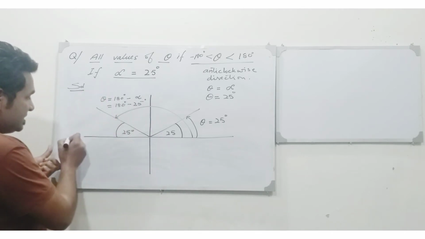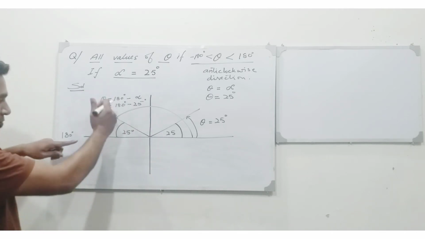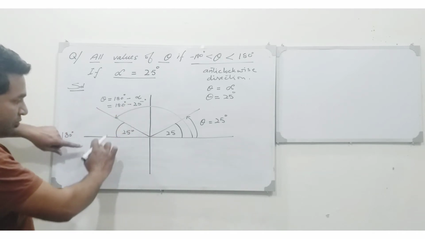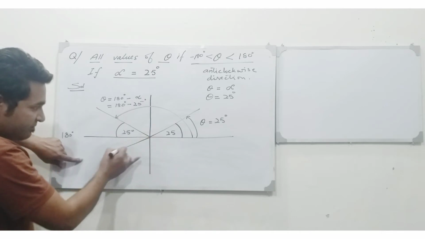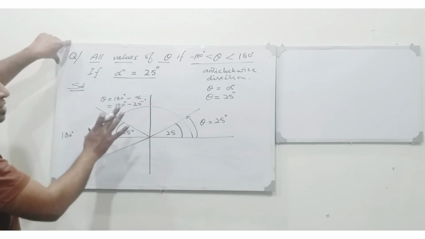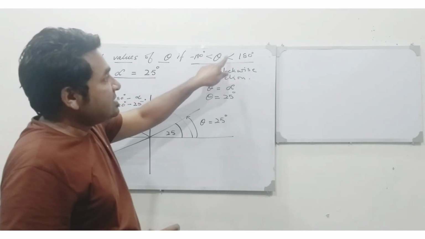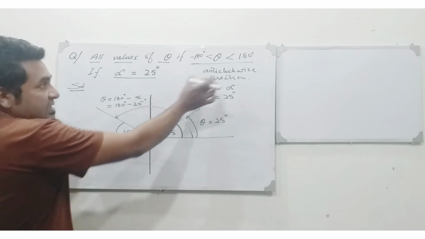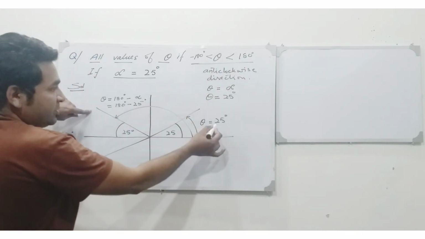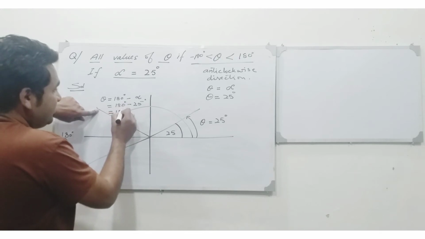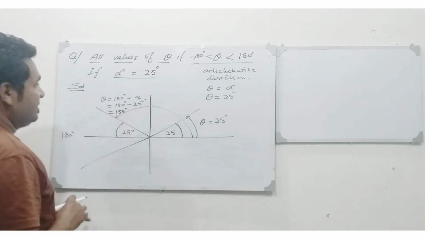Now this is 180. We can't move further in anti-clockwise direction, because if we move to the third quadrant, the value of theta will be greater than 180, which is not possible because theta is less than 180. So it will finish here. For this range, the values are 25 and 155 degrees.